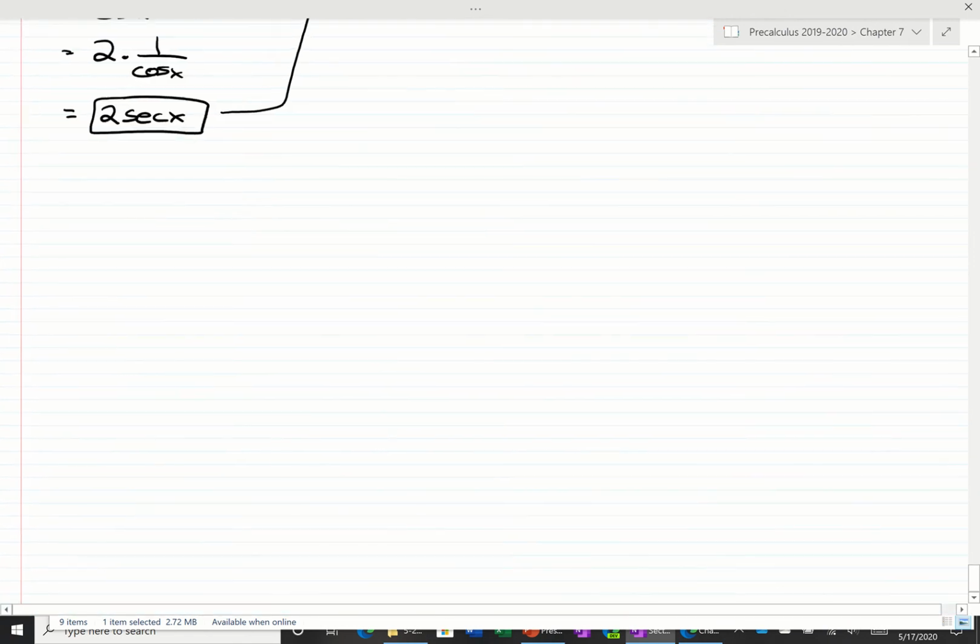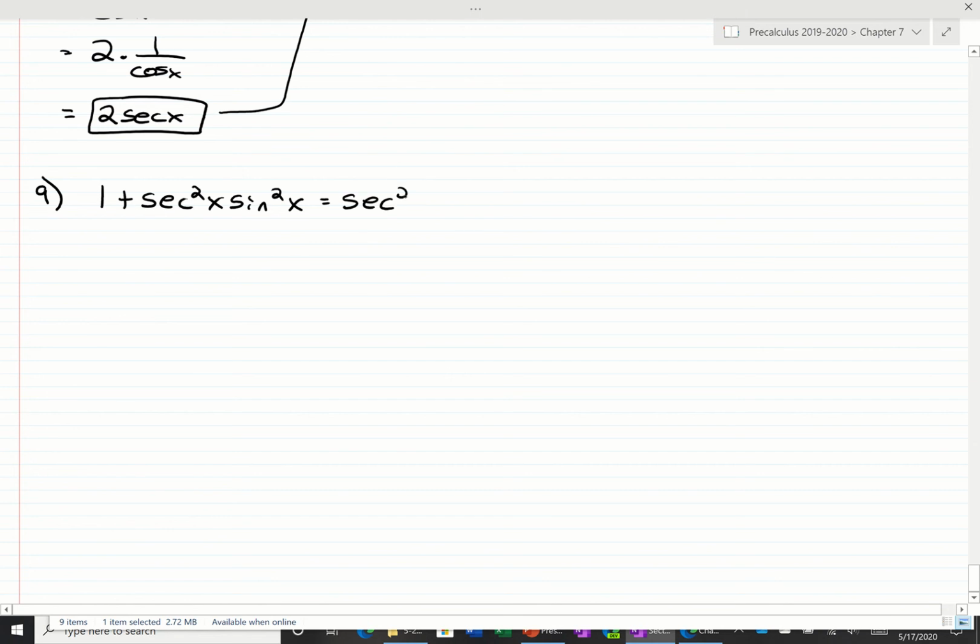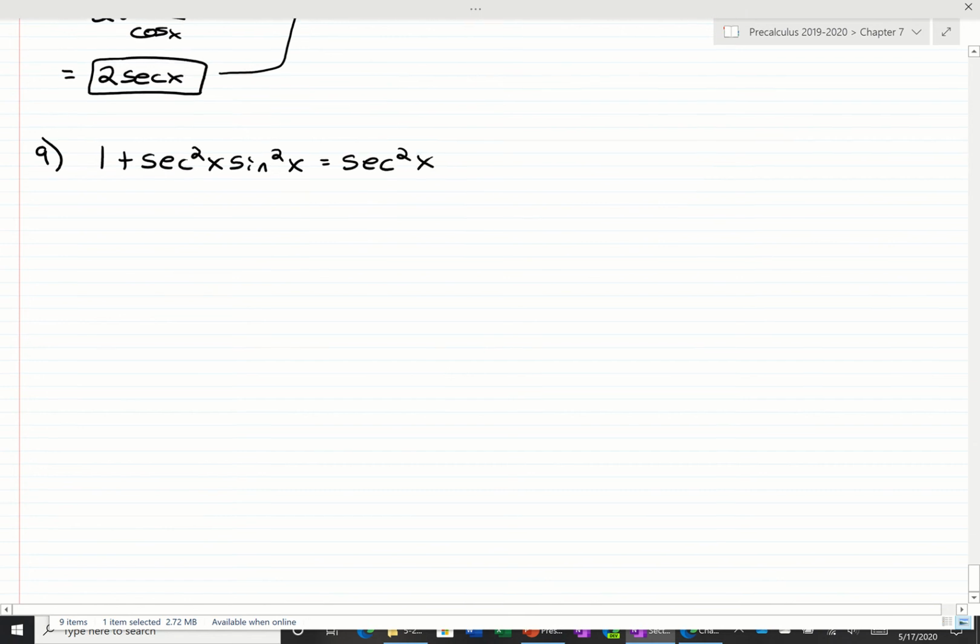For problem number 9, we have 1 plus the secant squared of x, sine squared of x, is equal to secant squared of x. So let's go ahead and convert to sines and cosines. This is going to be 1 plus sine squared over cosine squared.